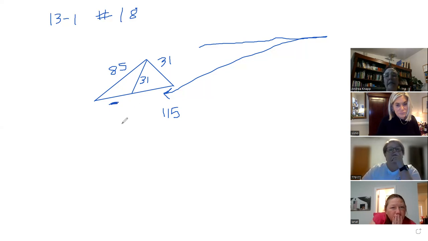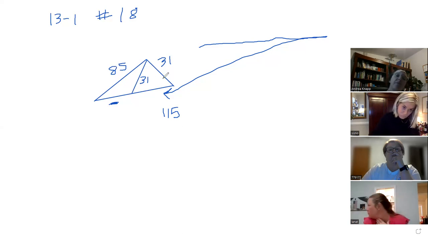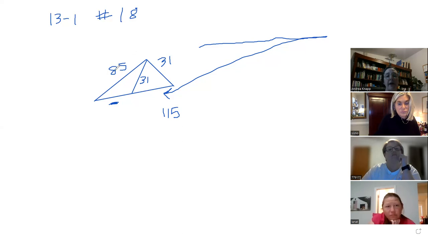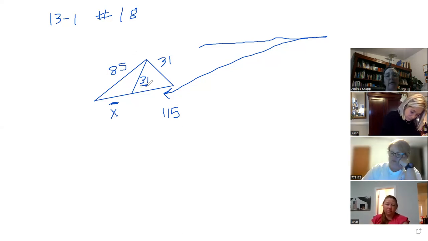In any two consecutive sides, if you add up those sides, the opposite side is less than that sum. So 85, we can call this x. 85 plus x would have to be greater than 31.